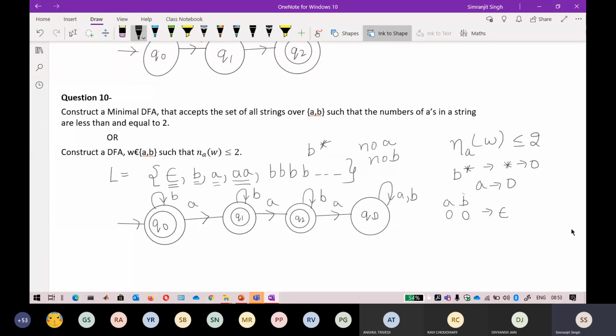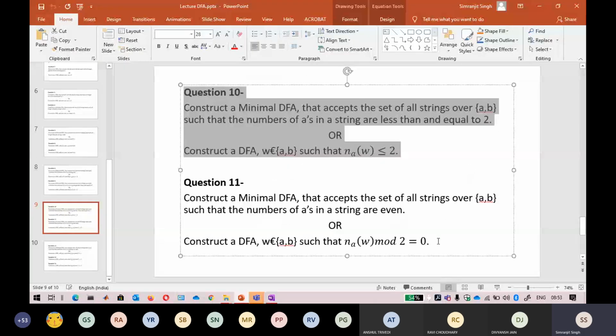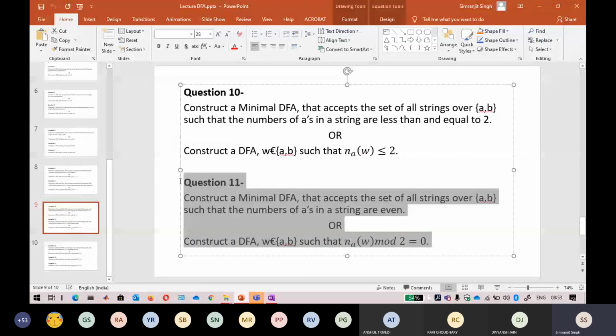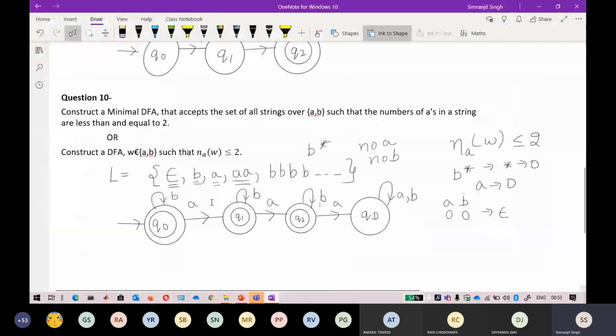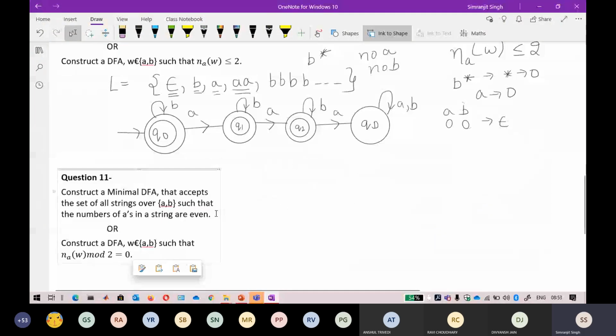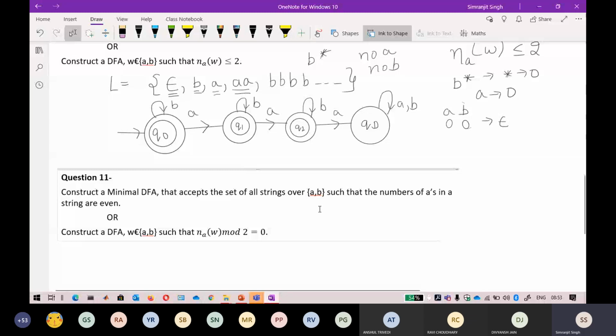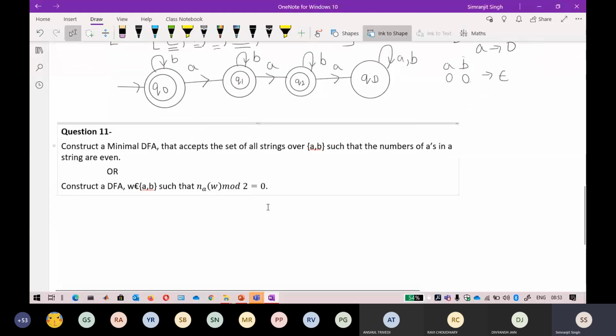Okay, so the next question is again a very simple question, based on the same lines that you have done. I think now you will find these questions fairly easy to solve. It just says the number of a's in this should be even. It's the same kind of question.